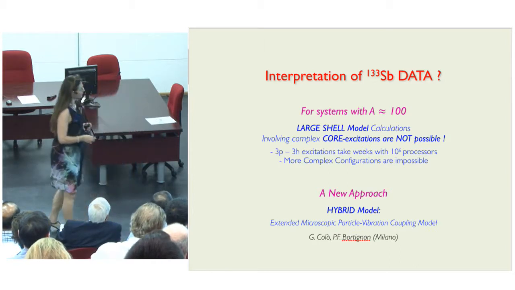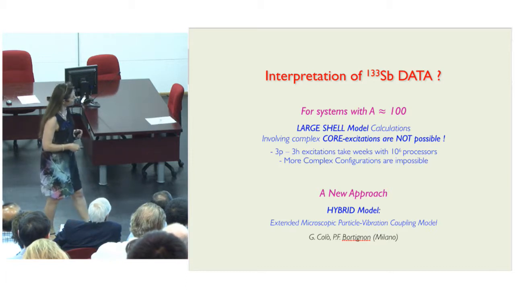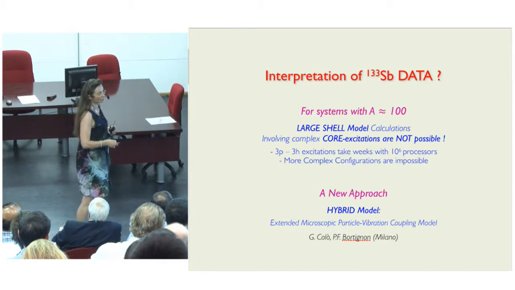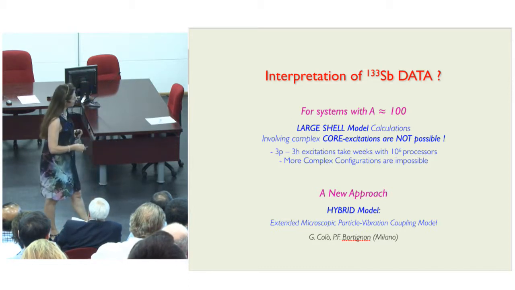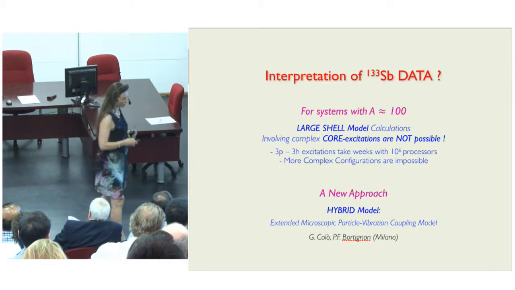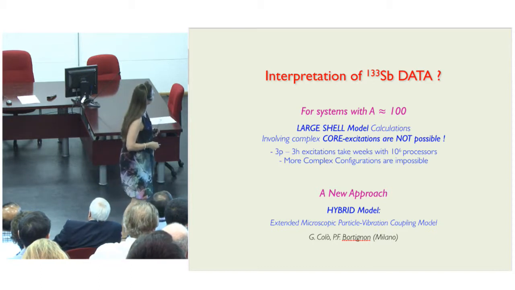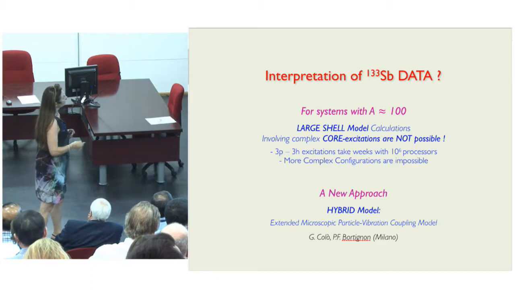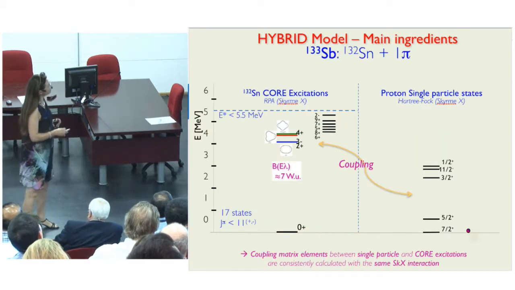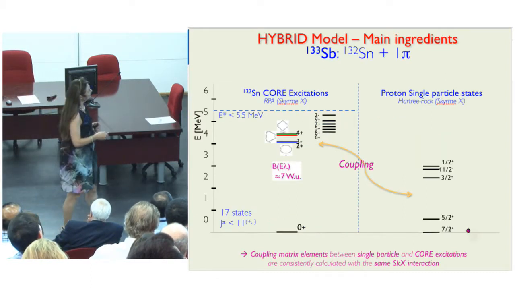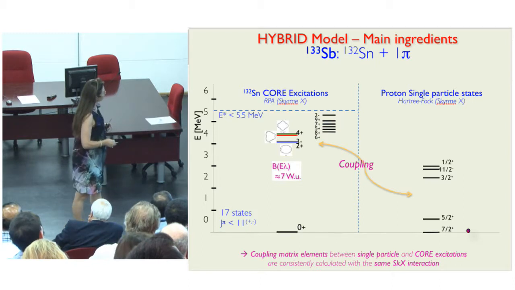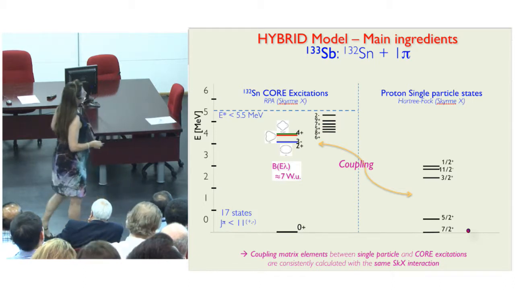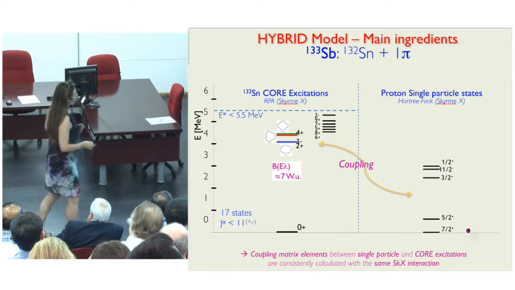theoreticians in Milano, Gianluca Colò and Pierfrancesco Bortignon, who developed a model they called the hybrid model, which is just an extended microscopic particle-vibration coupling model, which works in the following way for antimony-133. You start by calculating the excitation of tin, the core, by RPA using a Skyrme interaction, and they did it all the way up to 5.5 MeV. Altogether, you have something like 17 states.